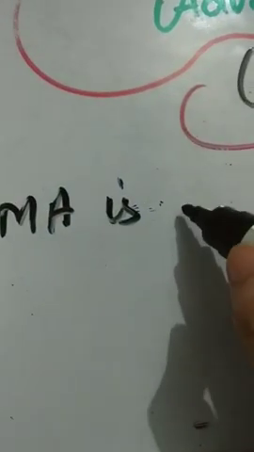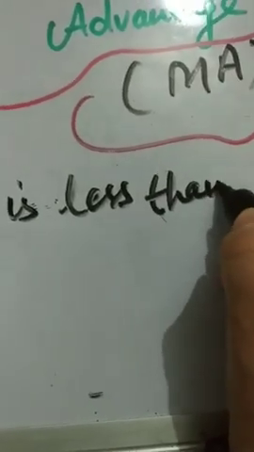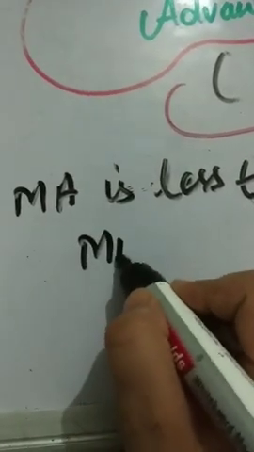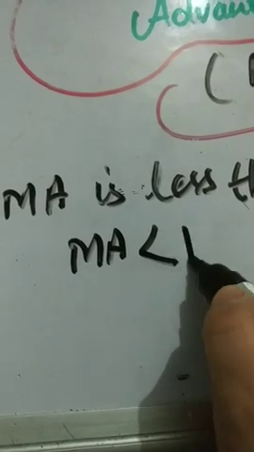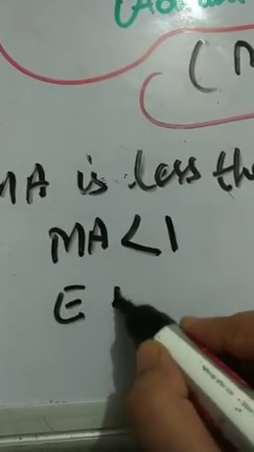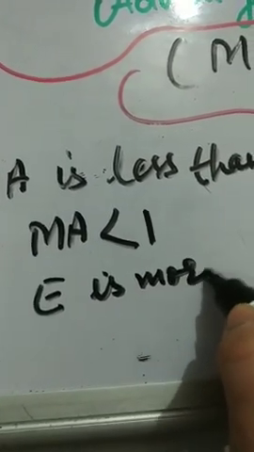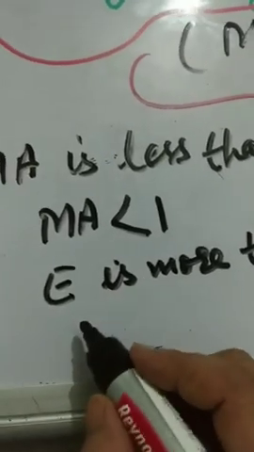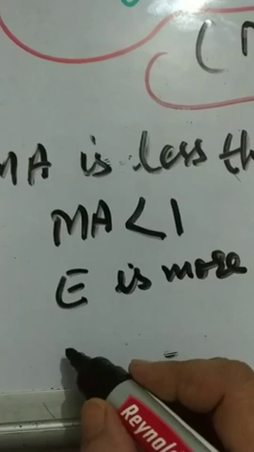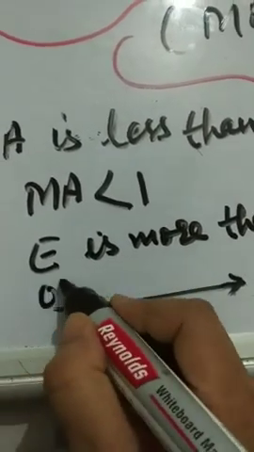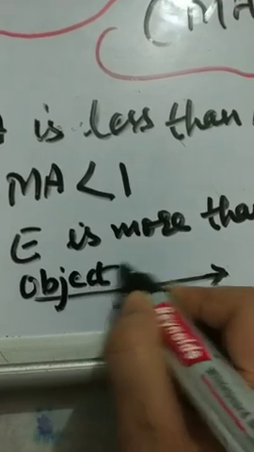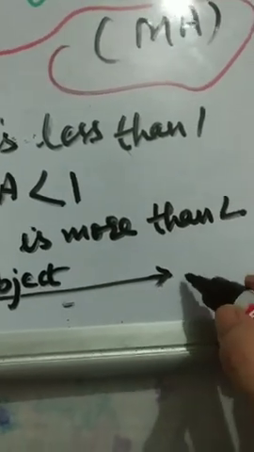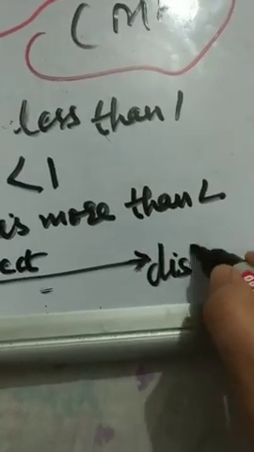If mechanical advantage is less than 1, it means effort is more than load. So what happens? The object moves more distance.